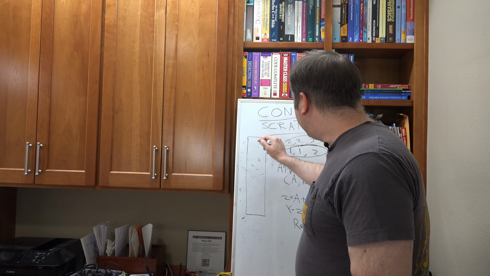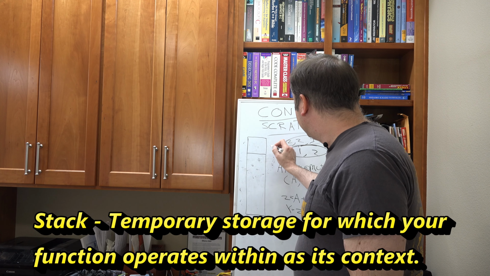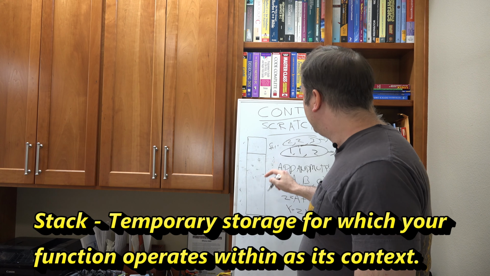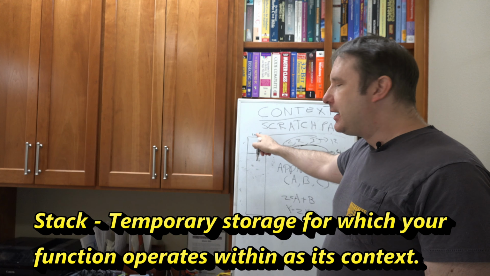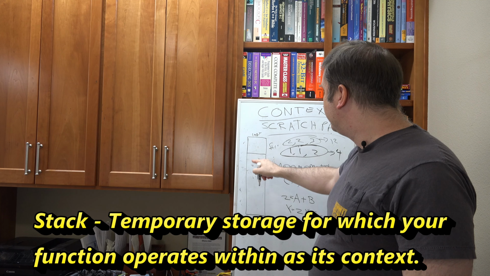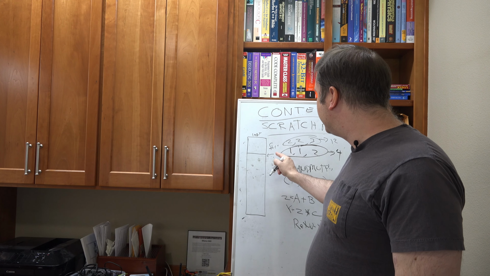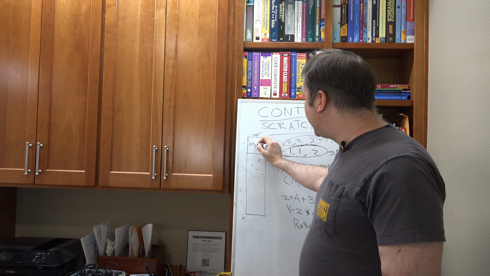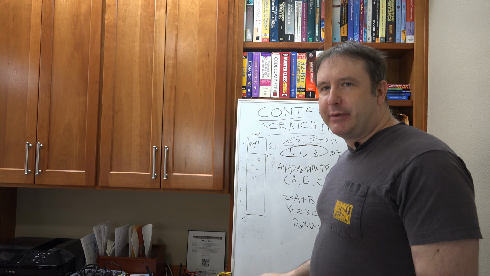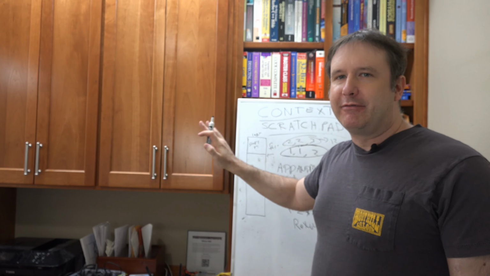So if I call function A, it will take some input from up here, and then it'll reserve some space on the stack. This will be your current stack location. This current space in your stack would be the scratchpad, because when I return, I destroy that information there.